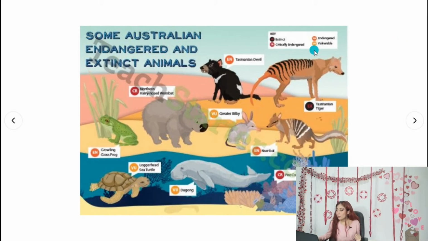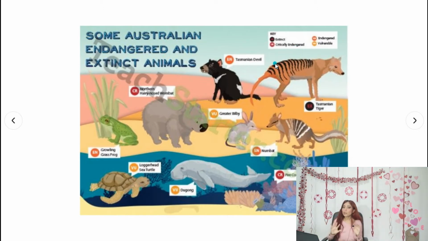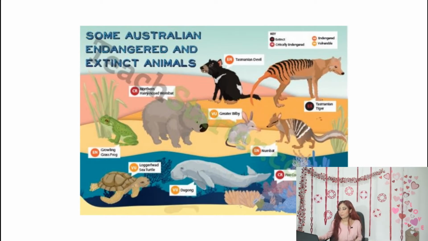Now, the yellow one means vulnerable, okay? Vulnerable means they are suffering, there aren't enough of this species, but they are not endangered yet. It's a little bit similar, but vulnerable is less severe than endangered or extinct.